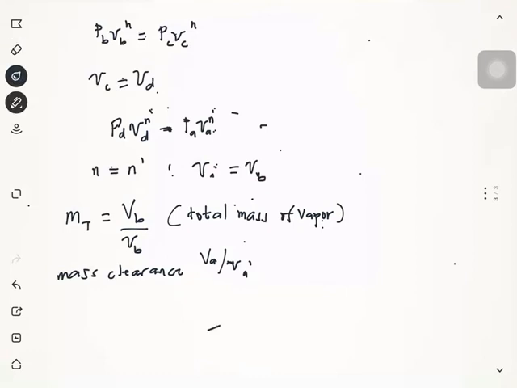So mass intake is the mass intake of vapor per cycle.